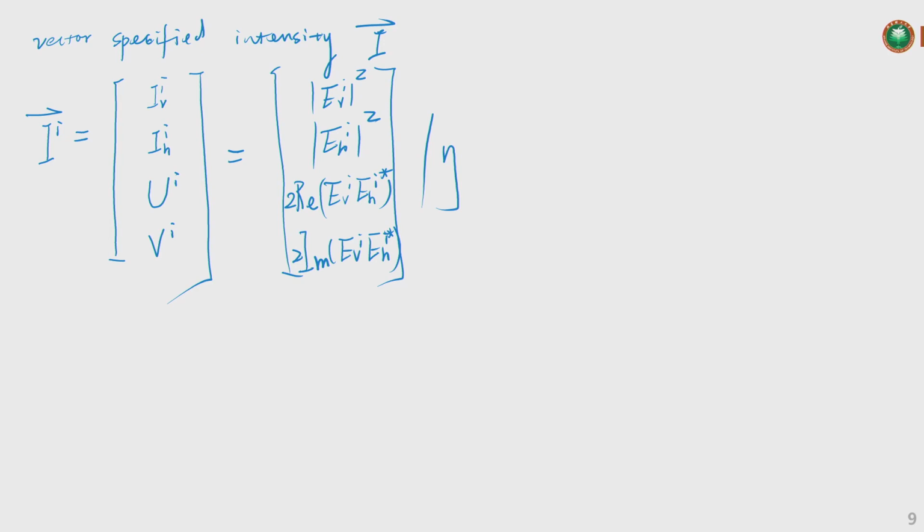So this matrix is called the Stokes matrix, or all these terms are called the Stokes parameters.